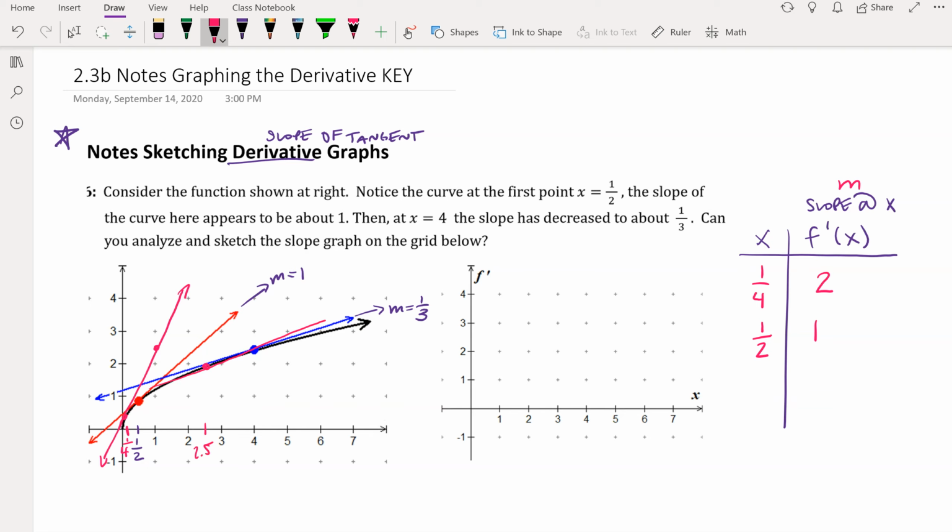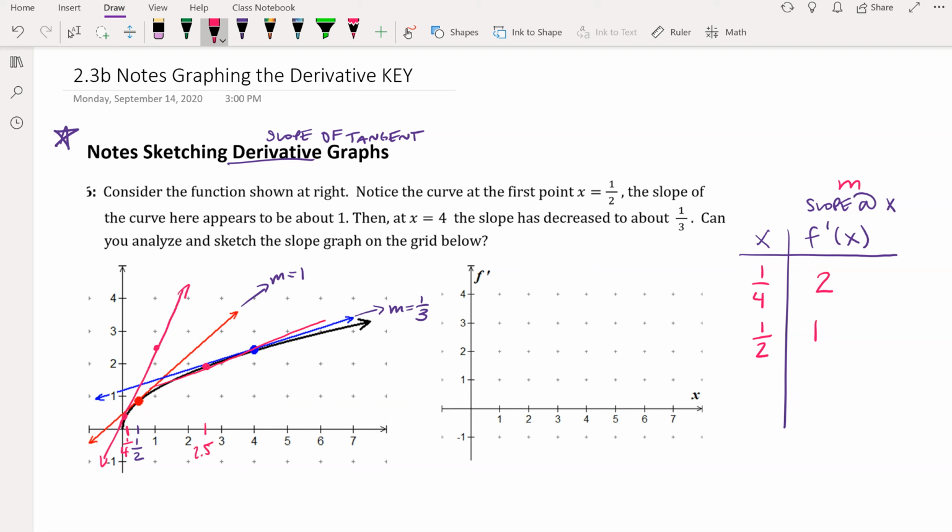Okay, so now let's graph the slope. This is the graph of f prime, so that would be the graph of my slopes. At 1/4, the slope is 2. At 1/2, the slope is 1. At 2.5, about 1/2.